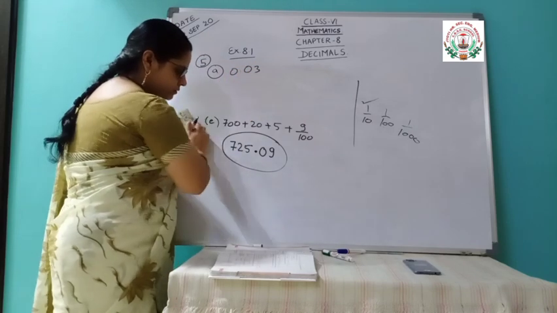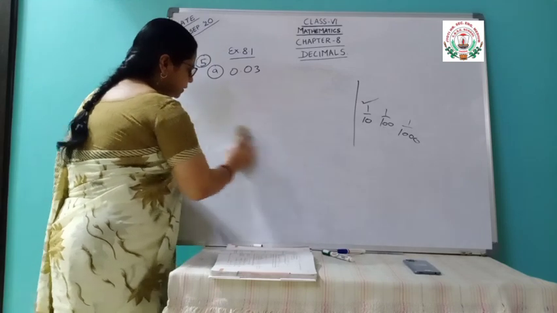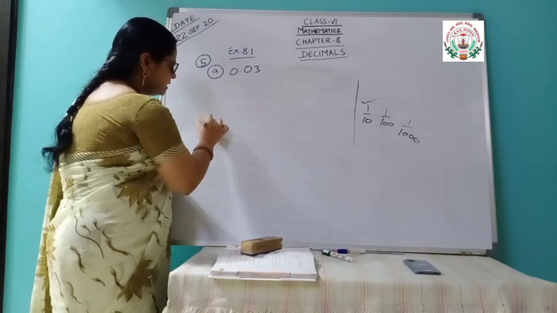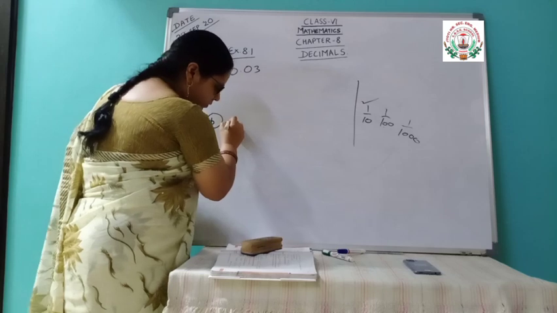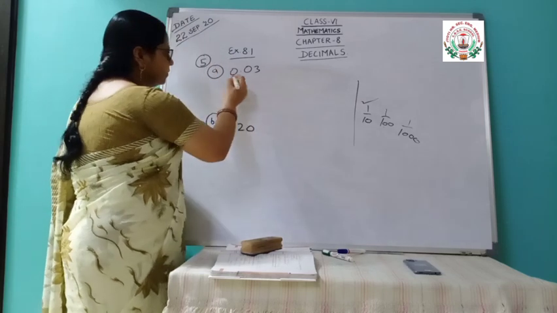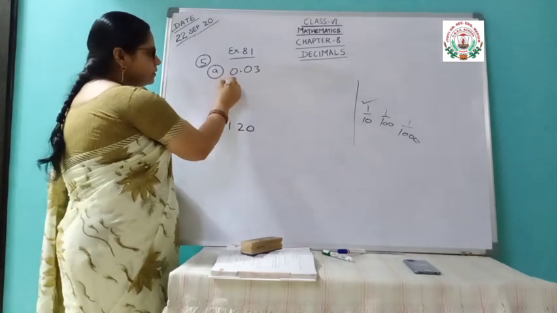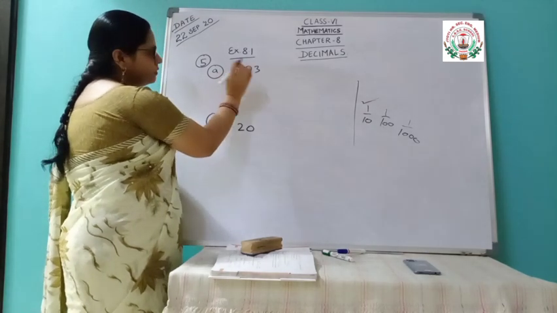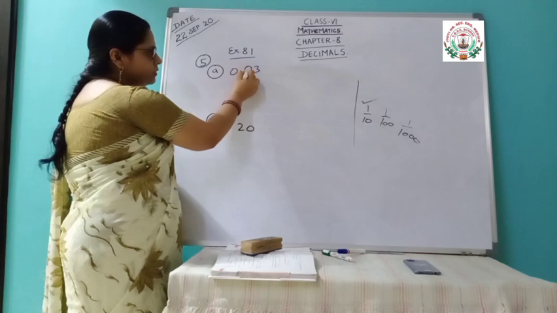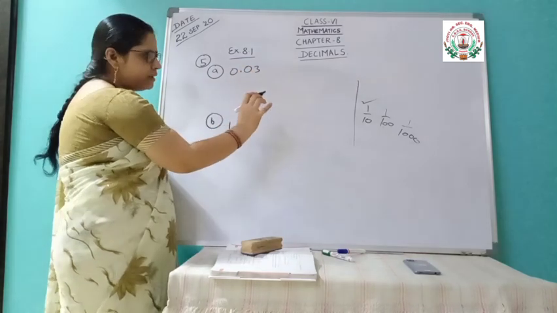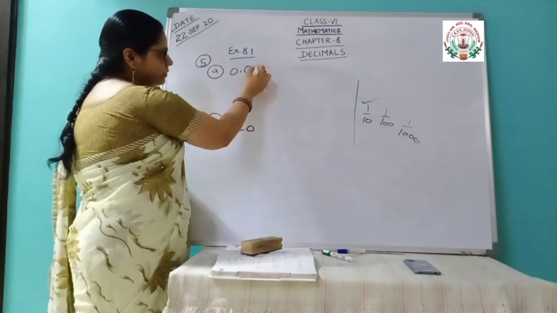0.03. Okay, 2 I will explain, because it is a little different, so I am taking 2. 1.20. So the whole number part, nothing is there. So no need to write anything. Then here 0 means by 10, nothing is given. And in the second part only 3 is given.